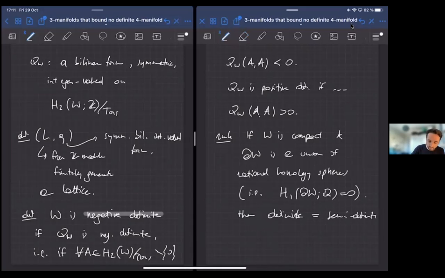That is to say, I don't really need to worry about whether this inequality is strict.